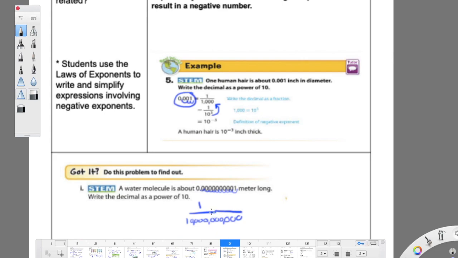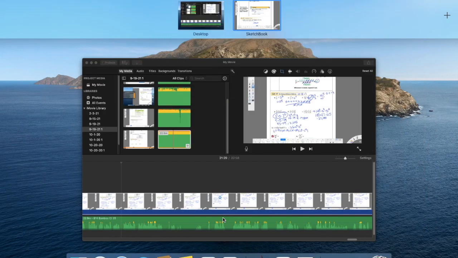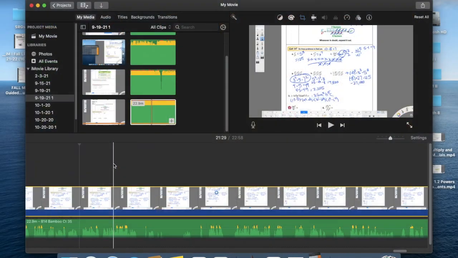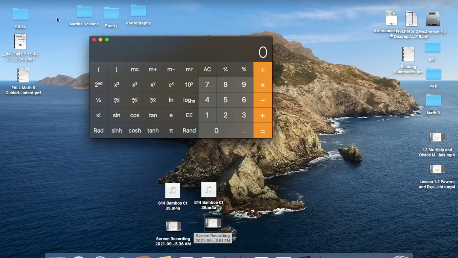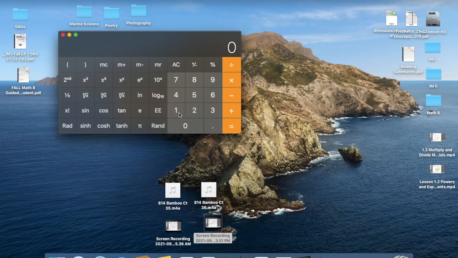So what we want to figure out is how many 10s are in this very large number. And you can do this a couple different ways. I'm going to open my calculator real quick because I think that's probably the easiest way. So if I divide by 10, that's 1 10.